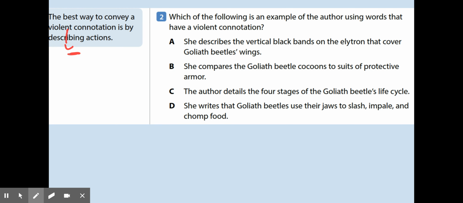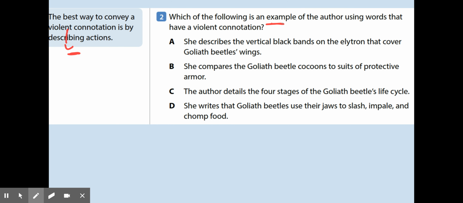So violent means negative. You want to make sure your answer choice has stuff about it being negative in it. Negative connotation, not negative figurative, not negative technical. So I'm going to be quiet and give you a second to come up with your answer.